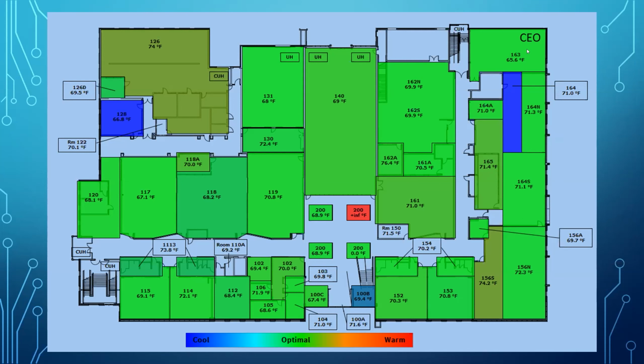There's something weird there. And Bradley points out correctly that this CEO's office is currently showing as green, which is not what it should say. It should be in a blue situation, right? Because, hey, it's below set point. We're 2.5 degrees, 2.4 degrees below set point. That should not be the case.